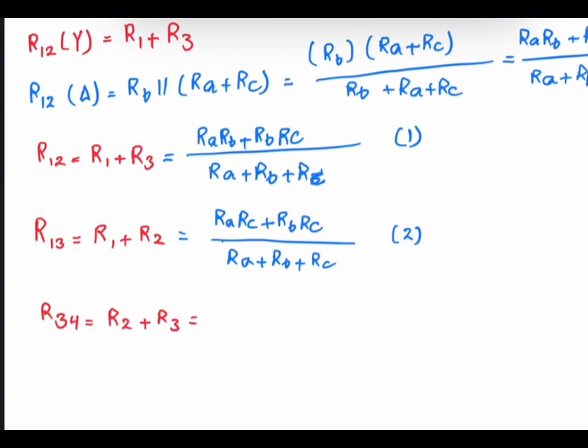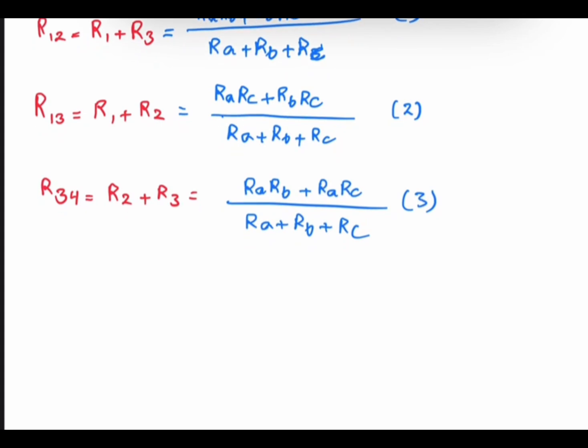And if you do it for the delta transform, it is going to be equal to RA RB plus RA RC over RA plus RB plus RC. And I can call this one equation number 3.